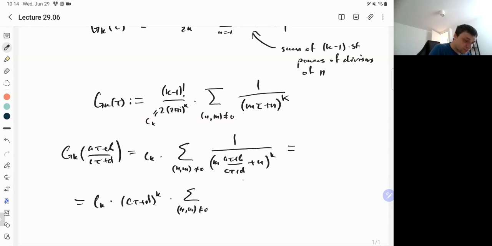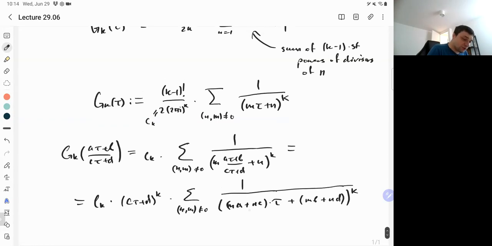Over, and now you just expand. So what you get is (mA + nC)τ + (mB + nD), everything to the power k. And now you just call this m' and call this n'. And you notice that since ABCD is a unimodular matrix, a matrix of determinant 1, m' and n' again run over all integers.